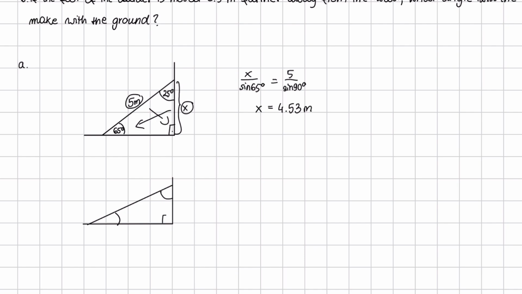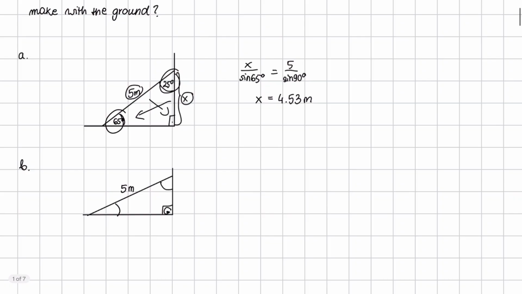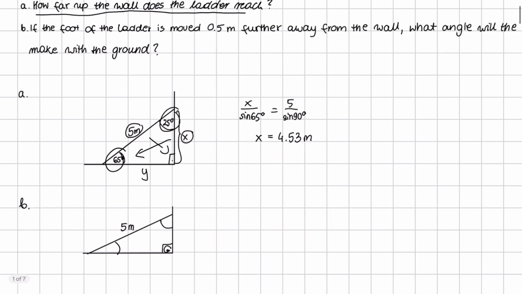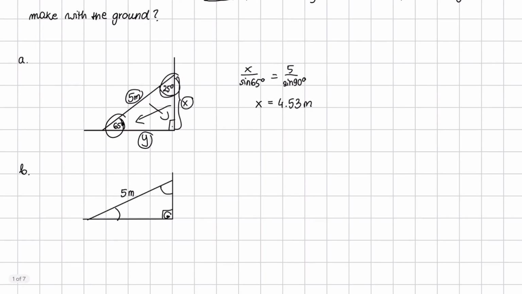They are no more the same as in A. Here we have B. Here, of course, we have a right angle. We know that the length of the ladder doesn't change. And let's firstly calculate this distance, because we know that it's moved 0.5 meters. So we can calculate this distance and then add to it 0.5 meters.